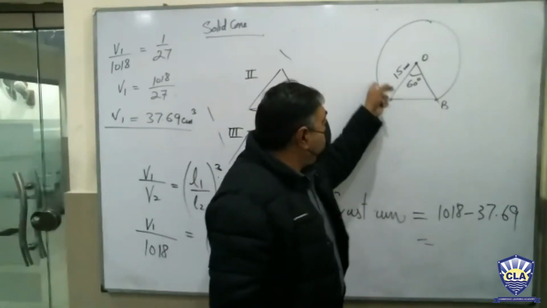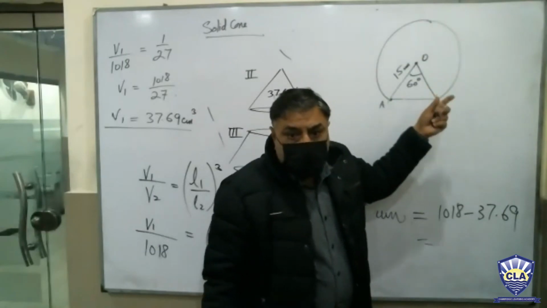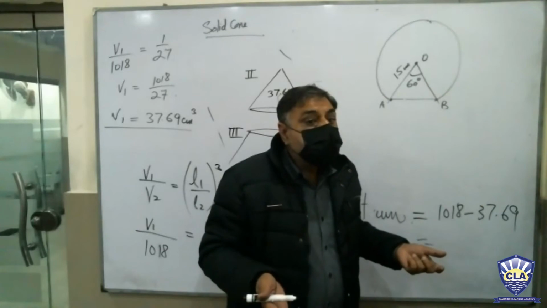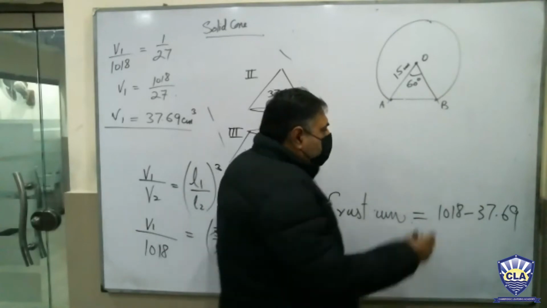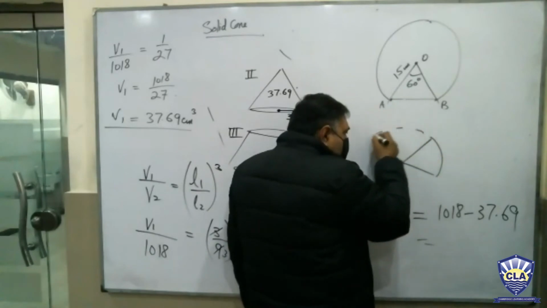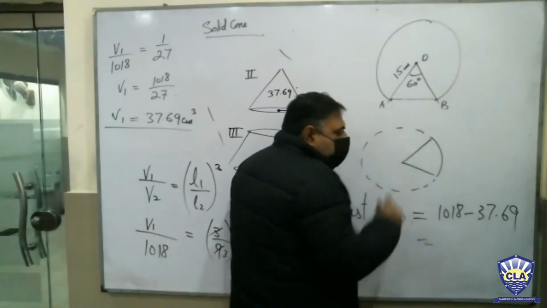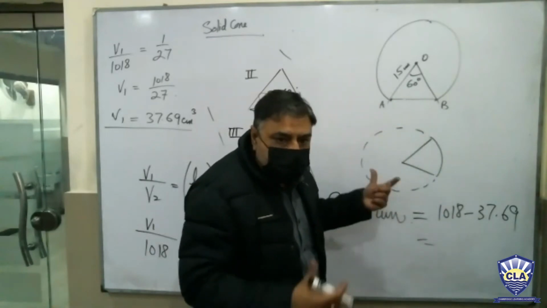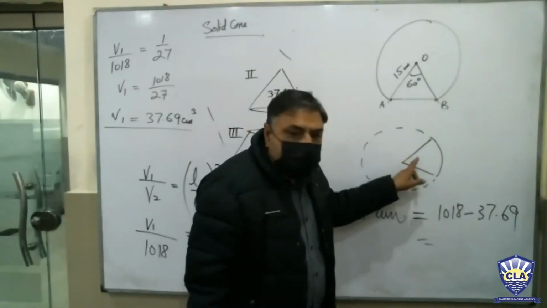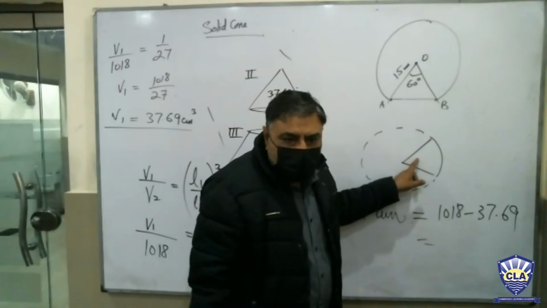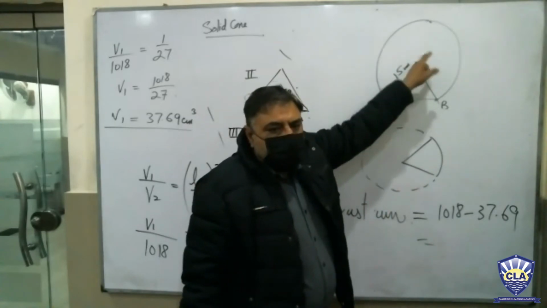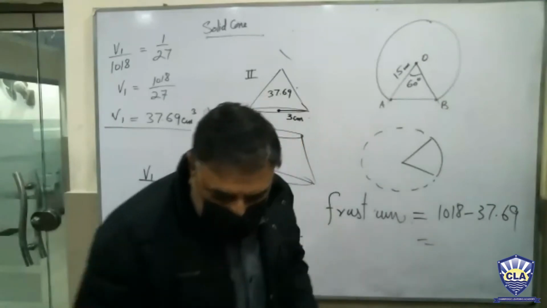One is a sector, which is the bigger one. That's why he said major sector. If the angle is less than 180, it is called minor sector. If the angle is greater than 180, it is called major sector.